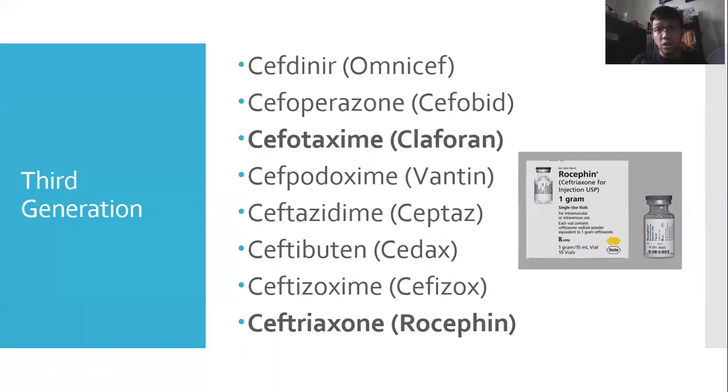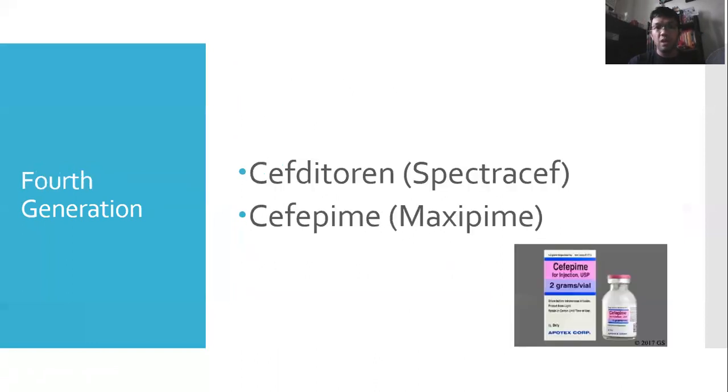And ceftriaxone is the one that is used aggressively to treat gonorrheal infections. For the fourth generation, we have examples such as cefditoren, Spectracef, and cefepime, Maxipime.